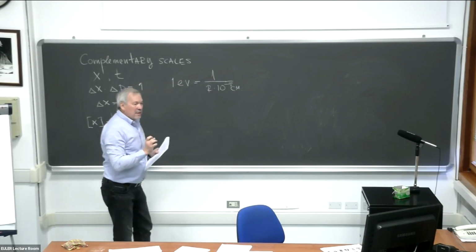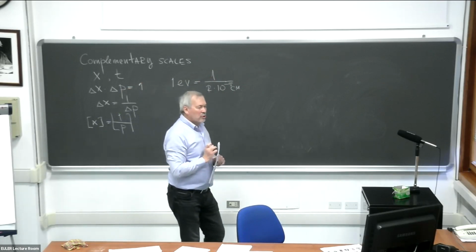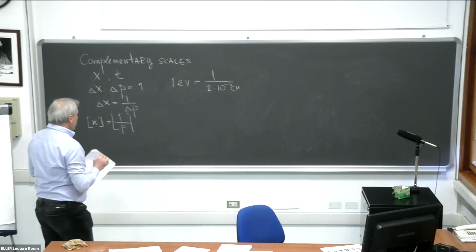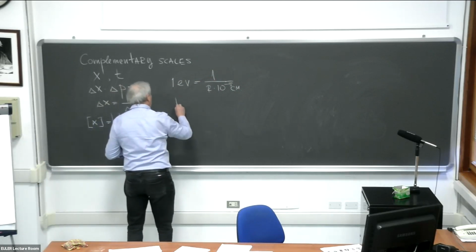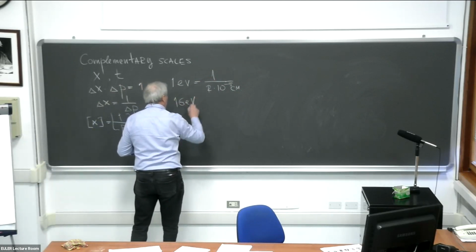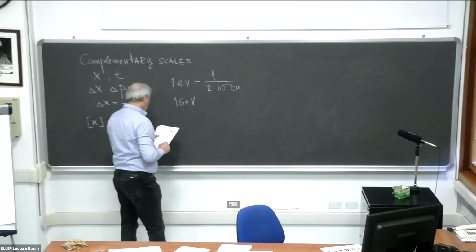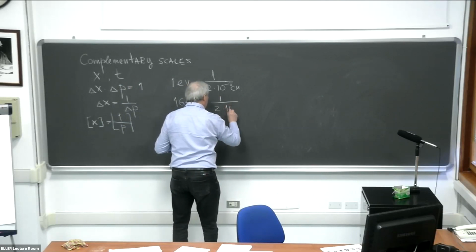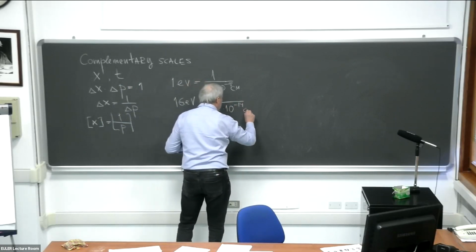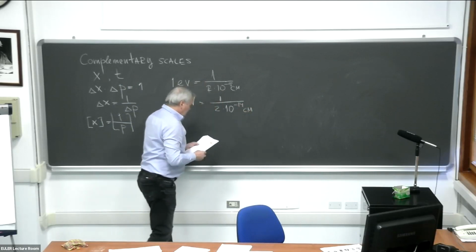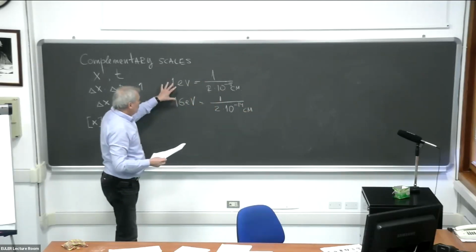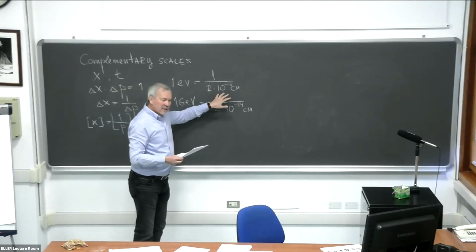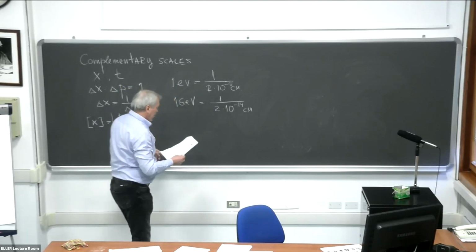So to say, the energy scale 1 electron volt corresponds to the distance scale 2 × 10⁻⁵ centimeters. 1 GeV, another unit we introduced, which is 10⁹ electron volts, equals correspondingly 2 × 10⁻¹⁴ centimeters. In fact, this relation between energy scale and distances has deep physical meaning, and you will see this soon.